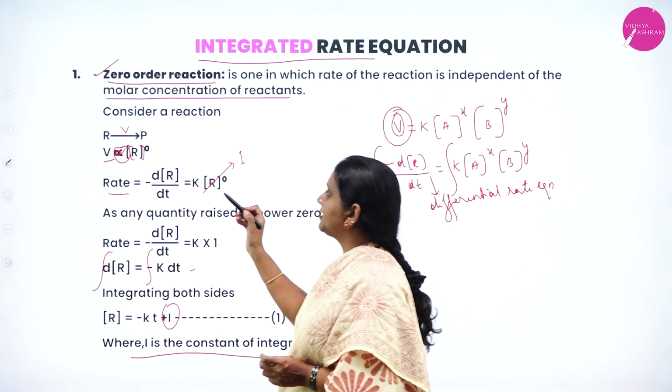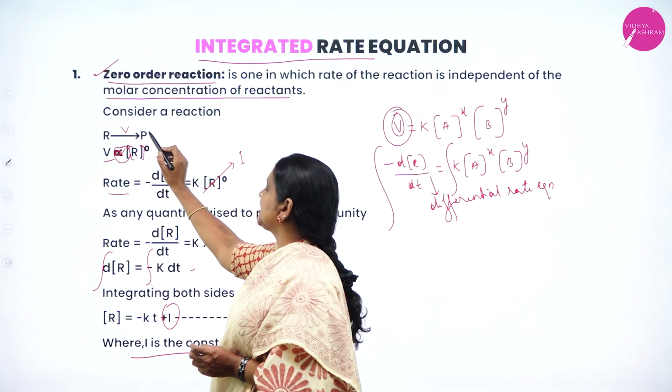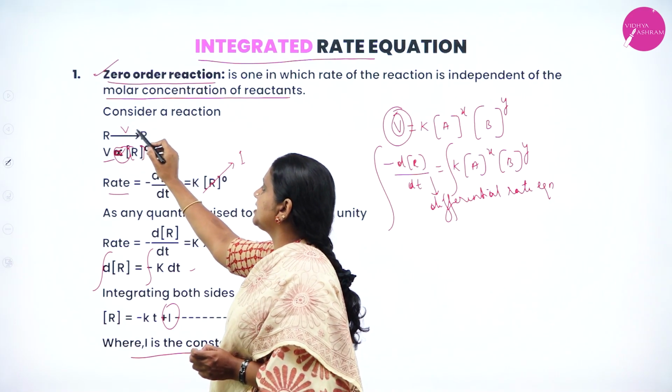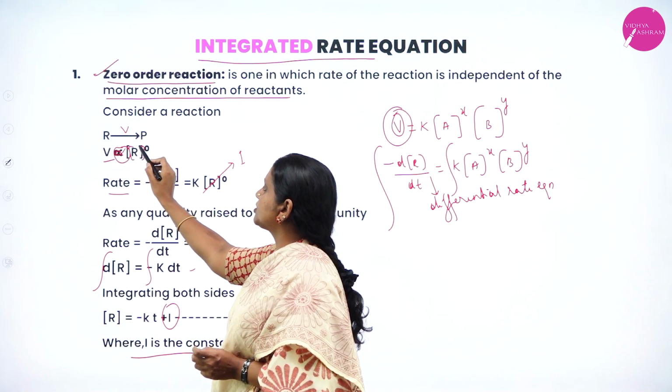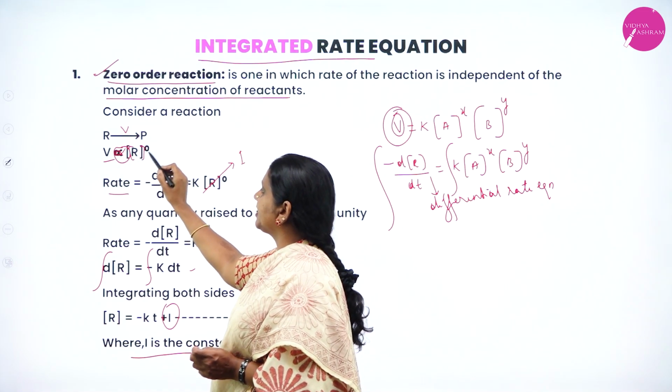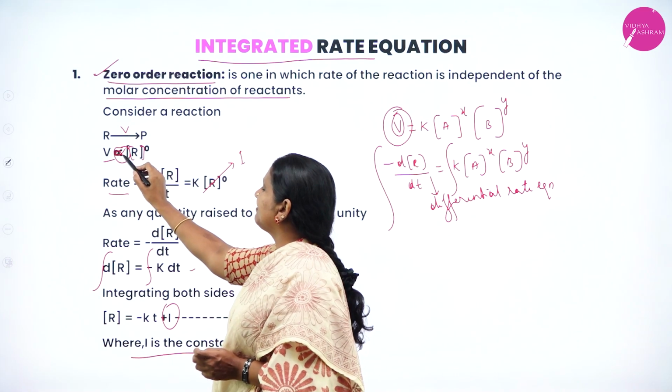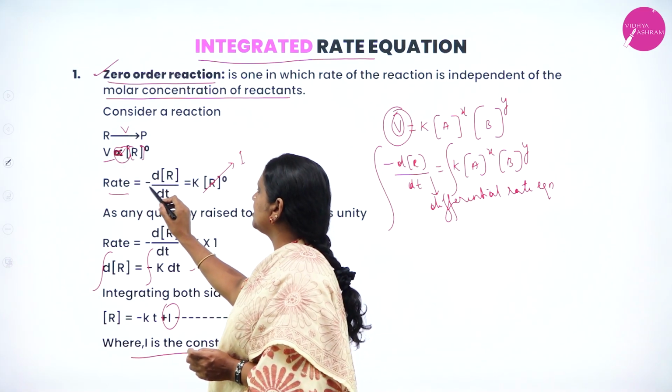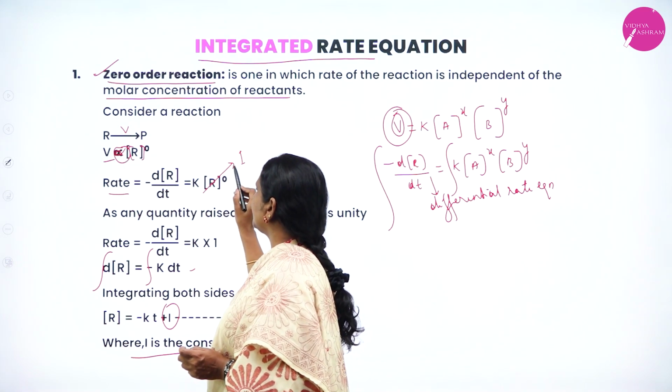Once again I will repeat, my dear students. R gives rise to P, let us consider zero order reaction with velocity V. V is directly proportional to molar concentration of R to the power of 0 because it is a zero order reaction. V means rate. If I remove the proportionality sign, it is equal to K into R to the power of 0.